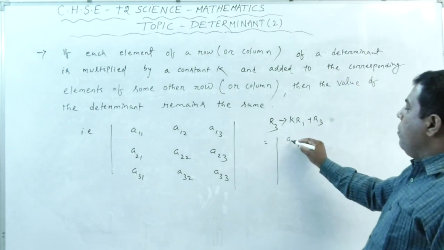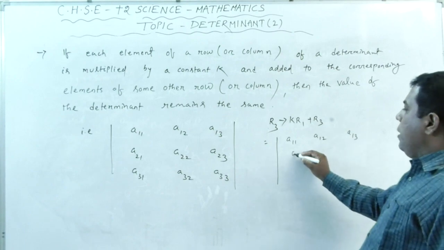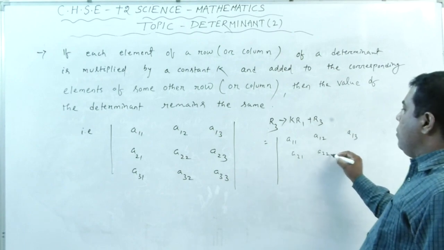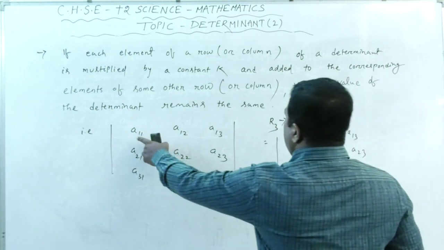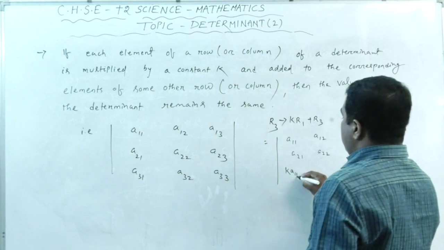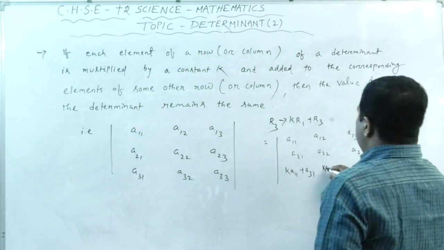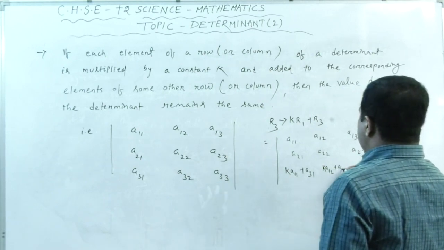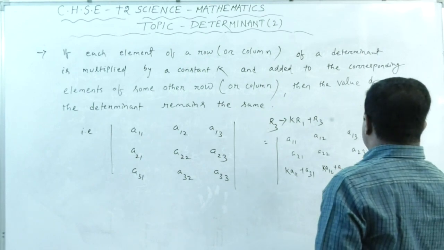The determinant is now in the form of A11, A12, A13, A21, A22, A23. Now row 3 is changed. It is k A11 plus A31, k A12 plus A32, k A13 plus A33.